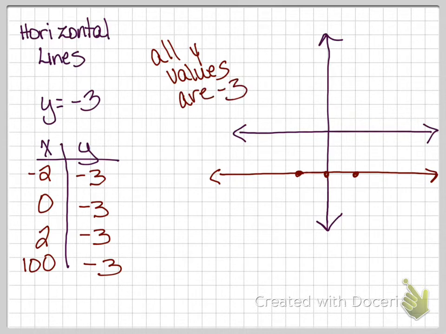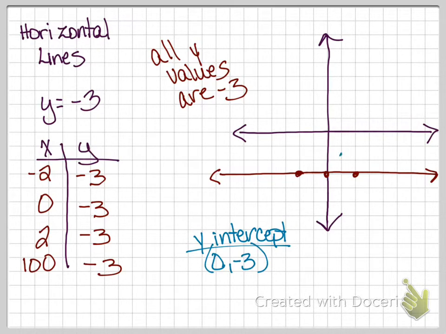So a table of values for this particular line is that every single one of them is negative 3. What is my y-intercept for this? 0, -3. Excellent, 0, -3.